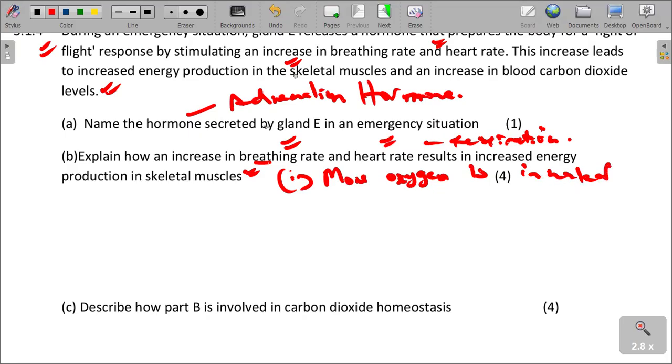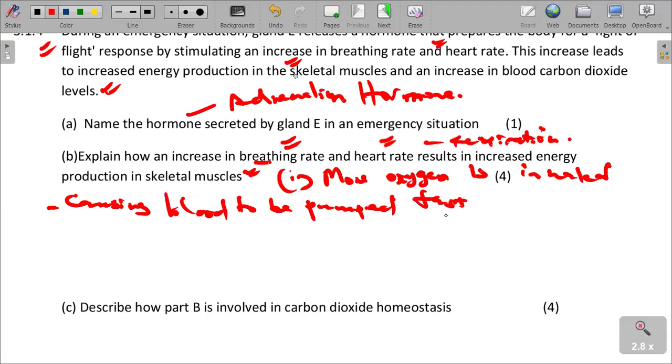Which results in blood being pumped faster, because there is an increase in breathing.